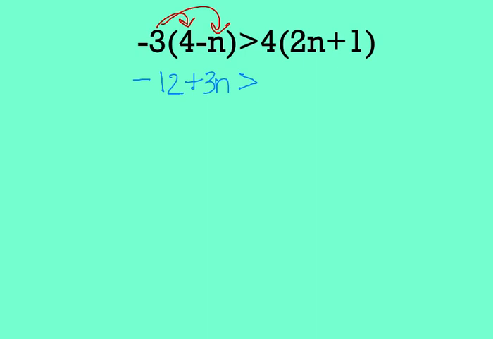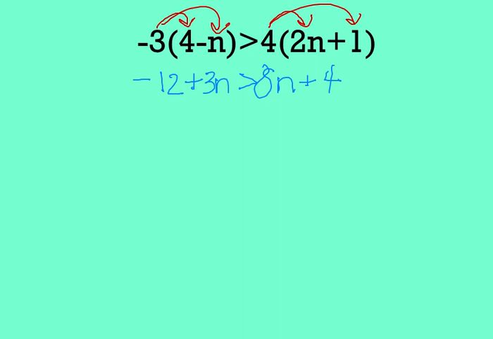And then on the right-hand side, I need to distribute this positive 4 to both of these. So 4 times 2n is 8n, and 4 times 1 is positive 4. So now I need to work to get all of my n's together.